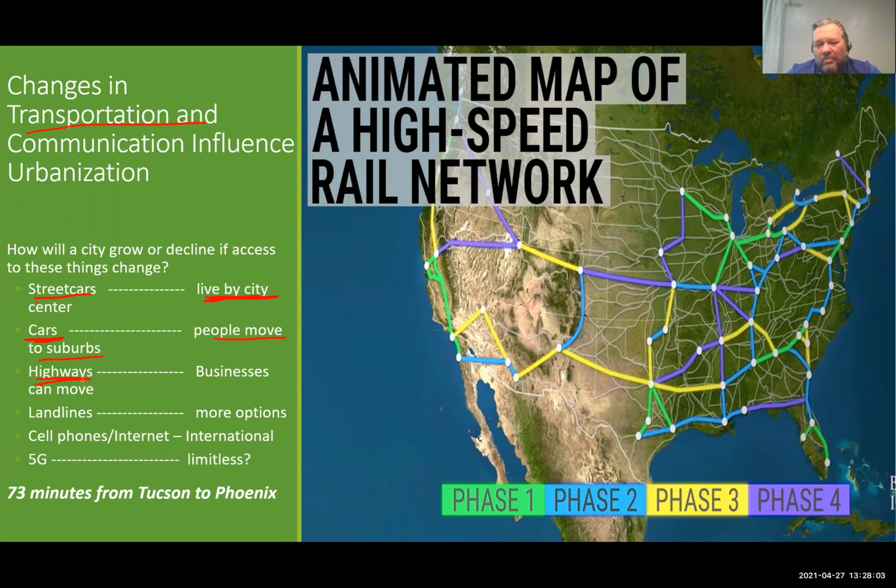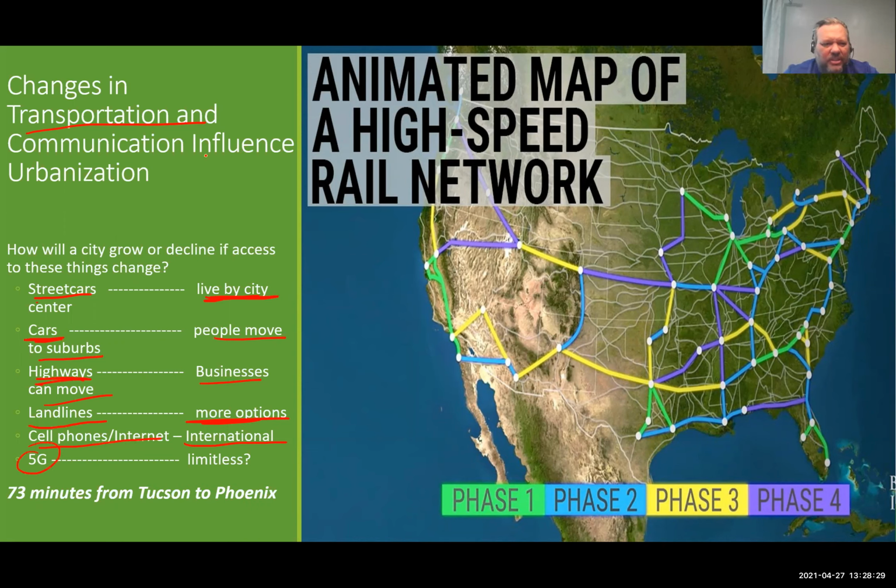When highways become more prevalent, businesses can now move because they can transport their products. Now we have landlines, which gives us even more options, like telephone lines, cell phones, and the internet. Now we can go international. You don't have to live in one place if you can work remotely. You can live anywhere. And 5G, same kind of thing.